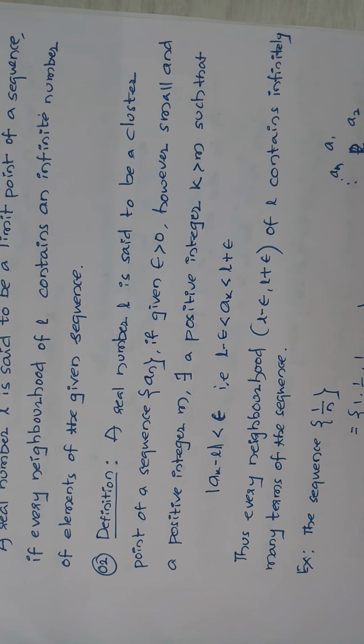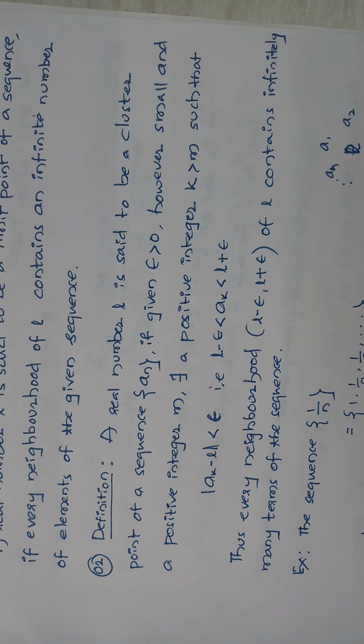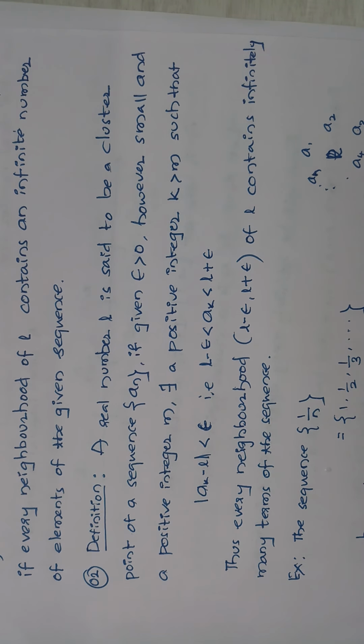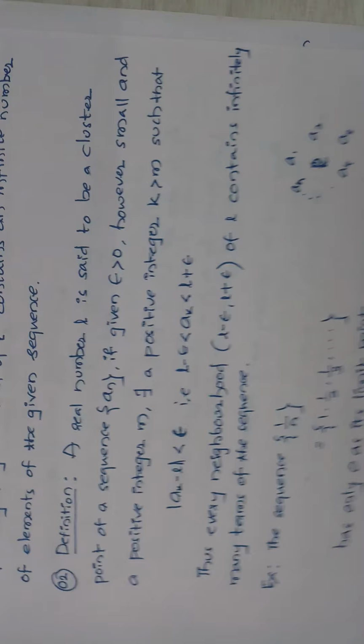Several times in question papers this definition and examples have been asked: define limit point of a sequence or cluster point of a sequence and give an example. This question has arisen many times in previous year examinations, so see the definition clearly and note down the examples also.